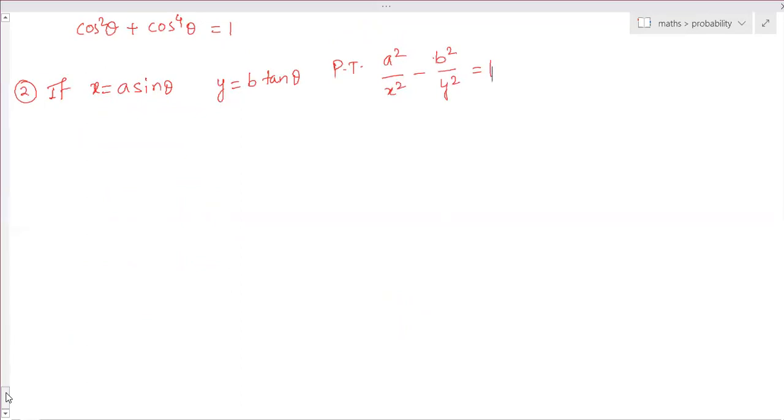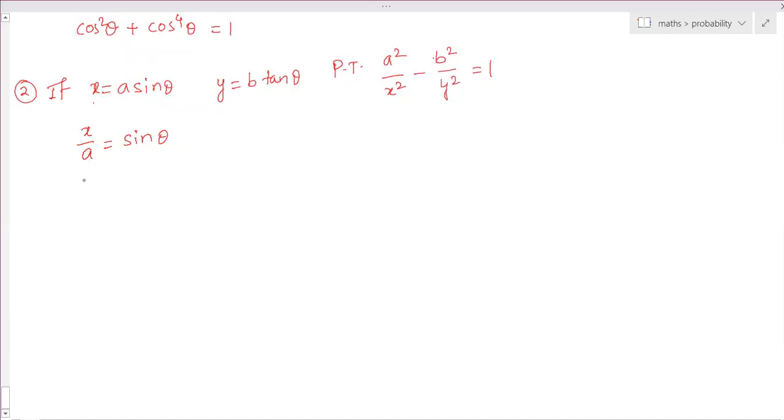Rose, can you tell me anything? Given equations, from that we have to prove this one. Yes, should we take a to the other side? A to other side, yes. Okay, ma'am. So it will become x by a is equal to sine theta. Okay. But they're asking a by x.